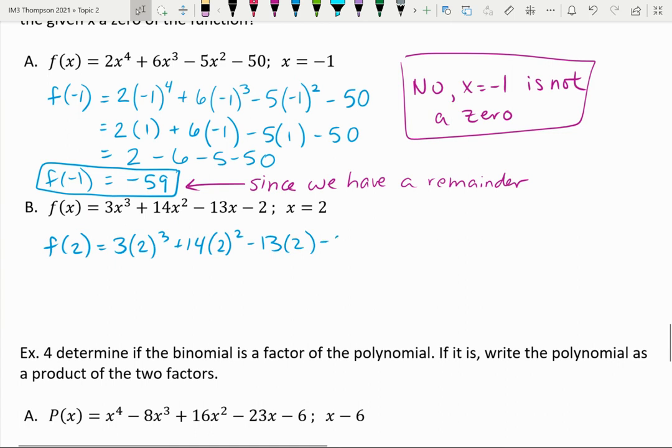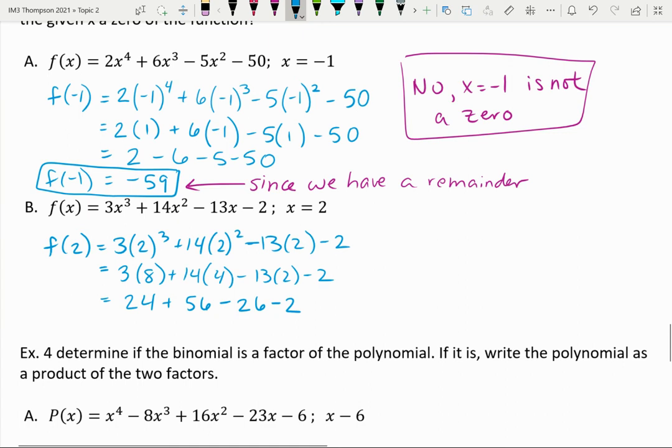Must have been distracted while I was doing these notes and not double checking my work. All right. So 2 cubed gives me 8. 2 squared gives me 4. Let's see, that's 24 plus 56 minus 26 minus 2.